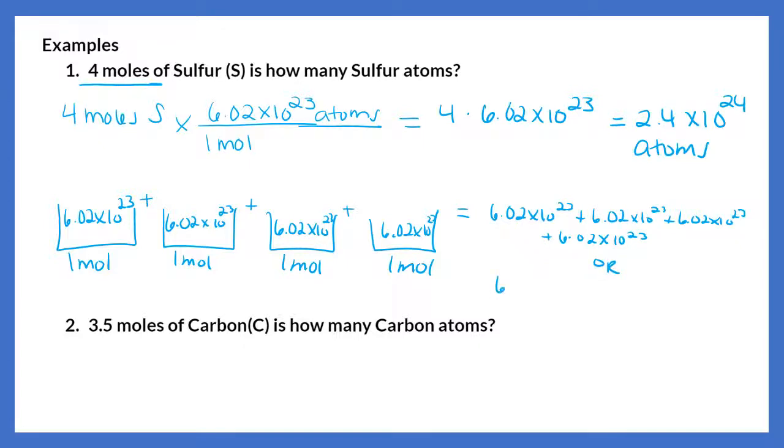Or we can just simply take 6.02 times 10 to the 23rd times 4. Okay?